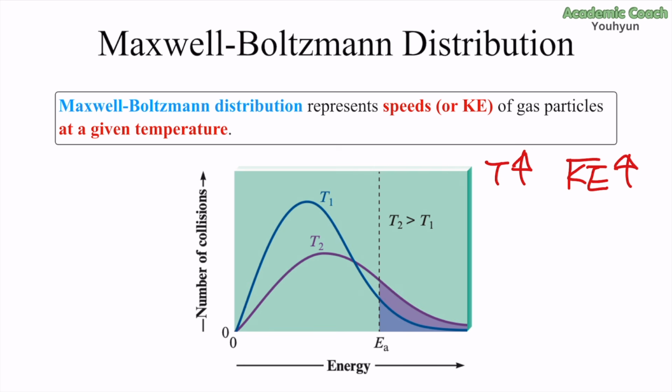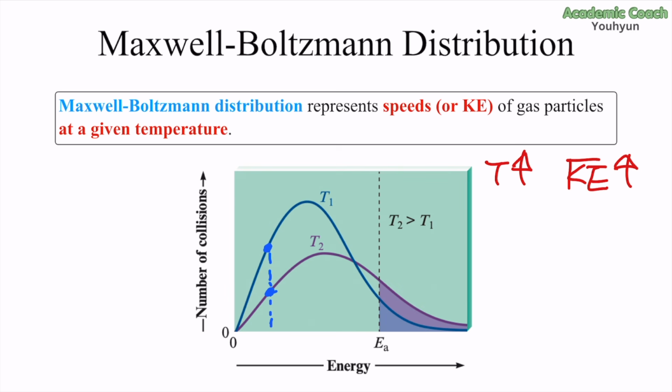Then how this distribution curve looks would be, there are still some particles that carry a very small amount of energy, but that number will be significantly lower than at the lower temperature. So you notice how at the same energy level, T2 has much fewer particles with that amount of energy, while T1 has many more particles with that little amount of energy.